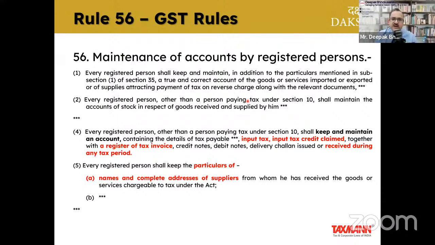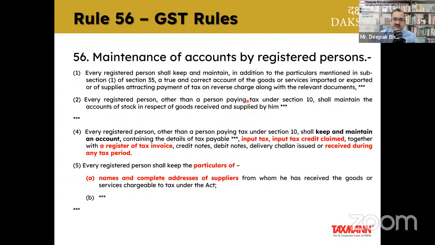So that's how you will get to know whether your supplier, even though registered, is covered by composition or not. But as far as exempt supplies are concerned, only a bill of supply is issued, not a tax invoice.